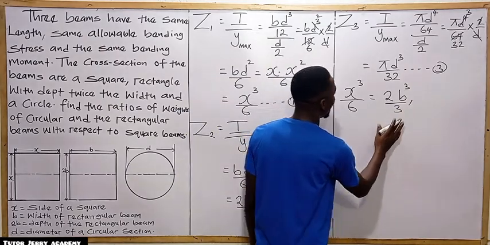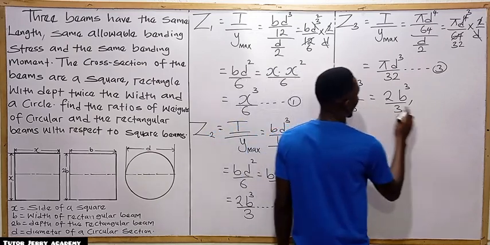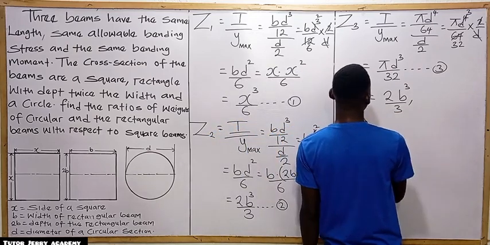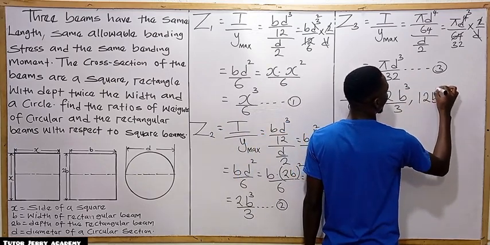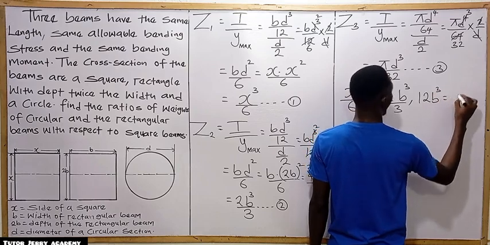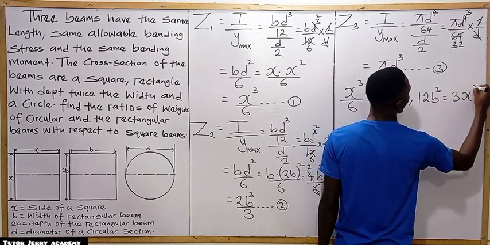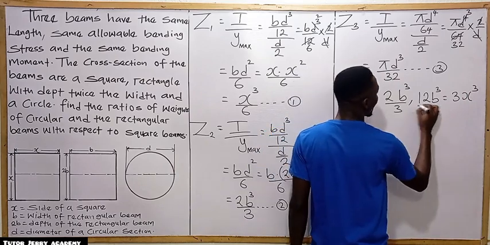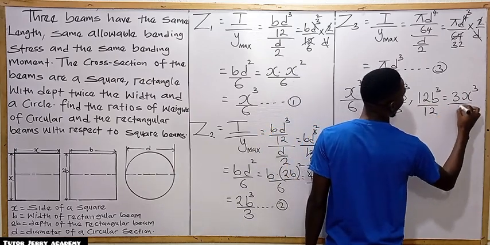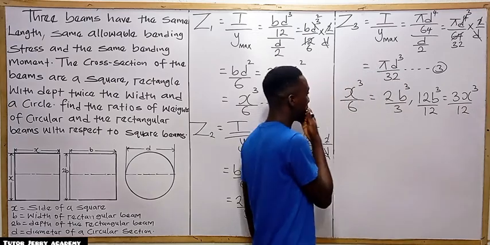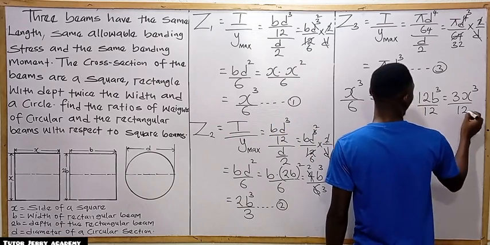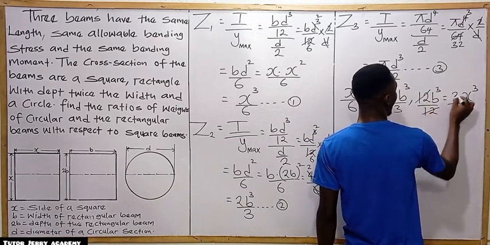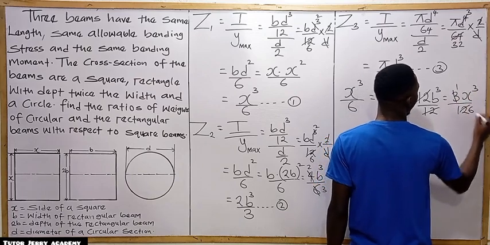this is going to be 6 times 2b cubed, that is 12b cubed, which will be equal to 3s cubed. So we can divide both sides by 12. So 12 goes in 12 once, and 3 in 12 is 4, not 6.